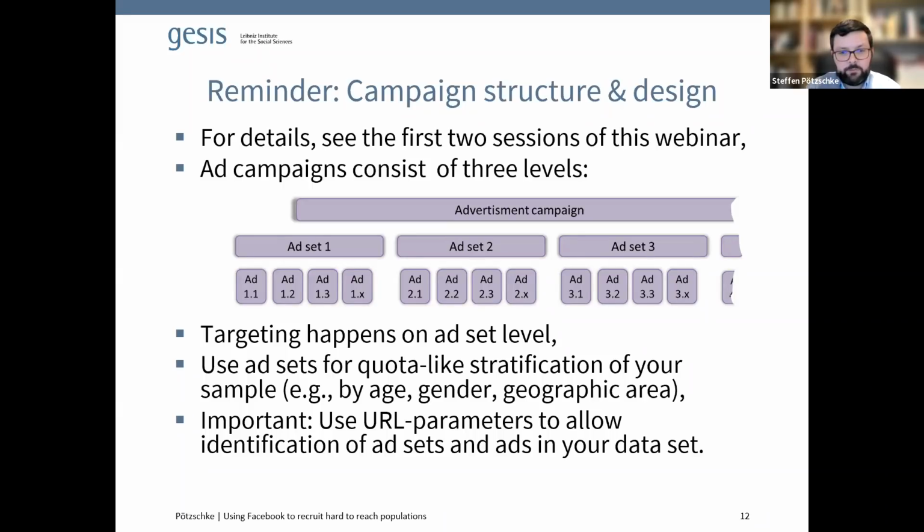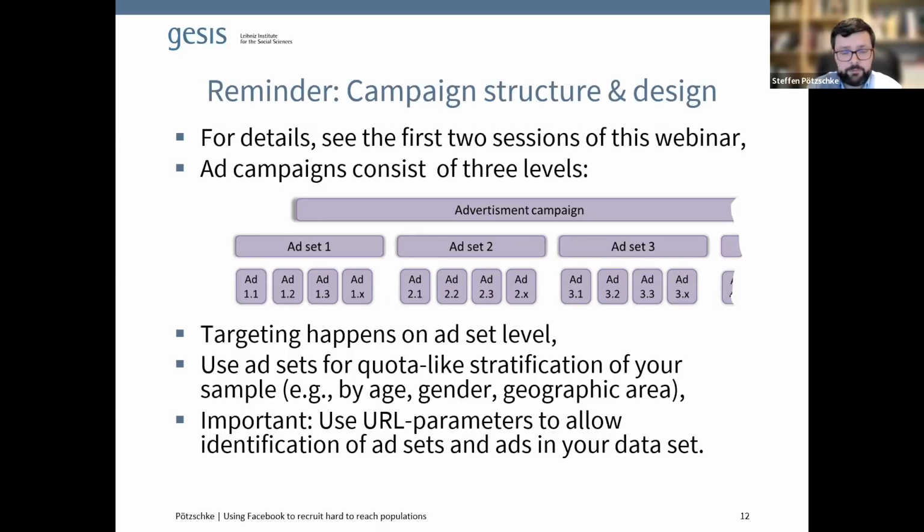For example, if you want to target people in different world regions, and we will come to that, or people who differ by gender, age, or basically any other target characteristic that you can select in the Facebook Advertisement Manager. Very important for me, as someone who is doing mostly methodological research, is that you should make use of URL parameters.